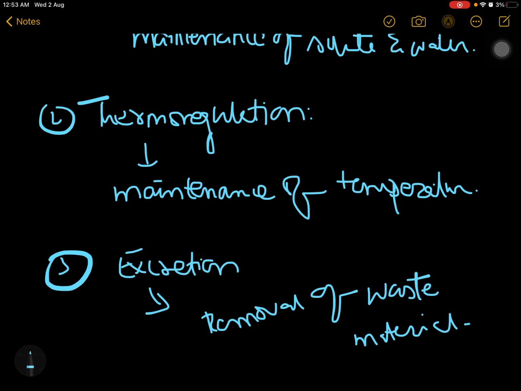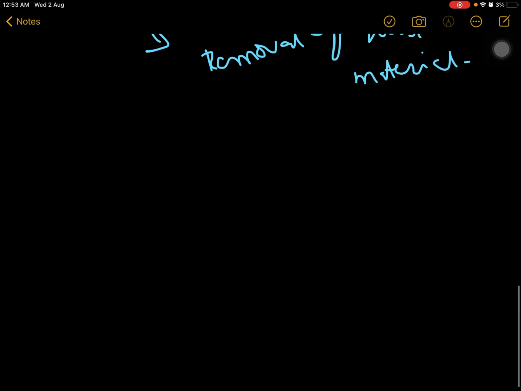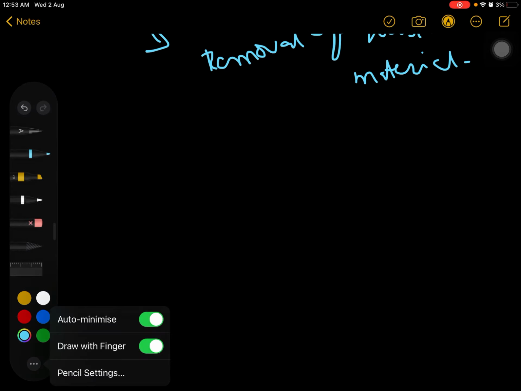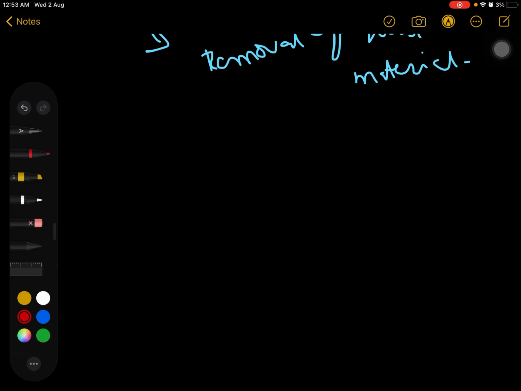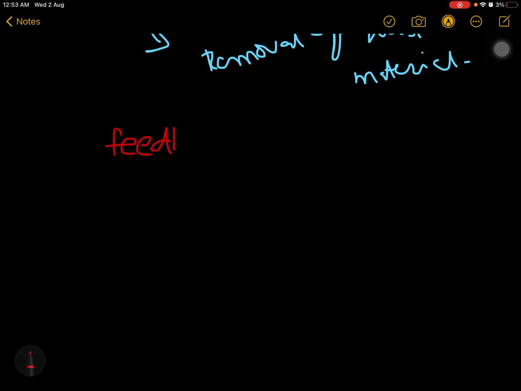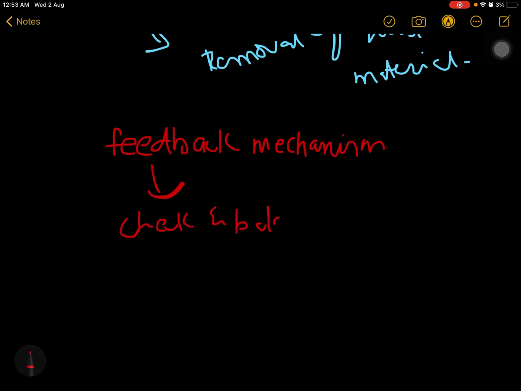Then we have a feedback mechanism. The check and balance mechanism of our body is known as the feedback mechanism. There must be someone to check that everything is going well or not. For example, if you have fever, if you have pyrexia, your temperature is continuously increasing.